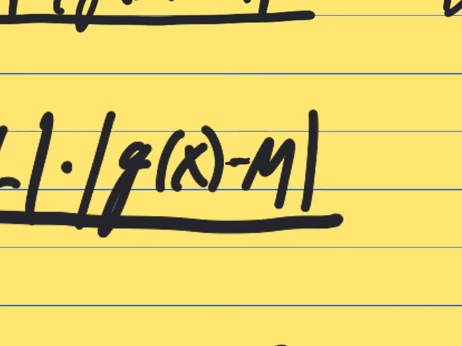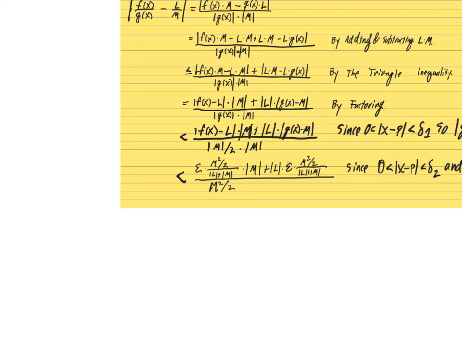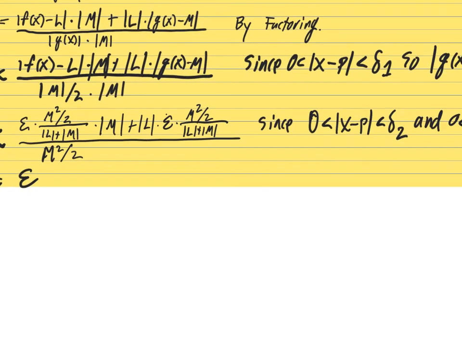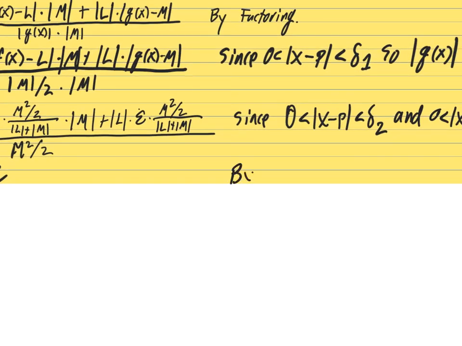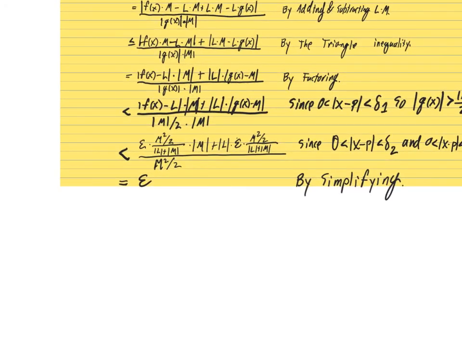That should be minus, shouldn't it? All right, well now, I'm going to take a bit of a cop-out. So I know what this should simplify down to, equals epsilon by simplifying. And maybe it's bad form for me to write off of the edge of the page, but I'm going to do so anyway. So let's see if we can justify this.